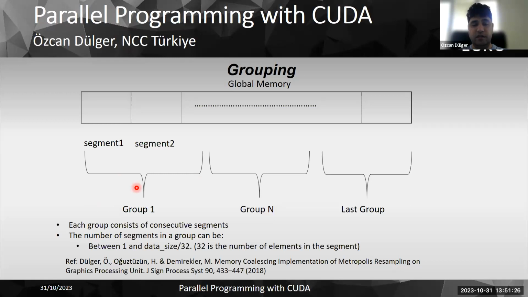So the number of segments in a group is at most data size divided by 32. That is, all of the segments consist of a single group, or it may be one segment for each group, so we will have many groups in that case.